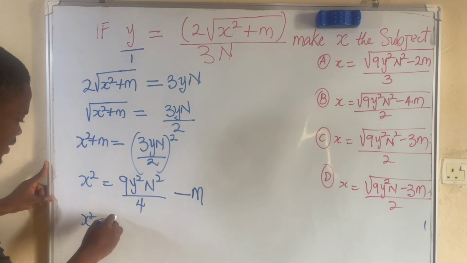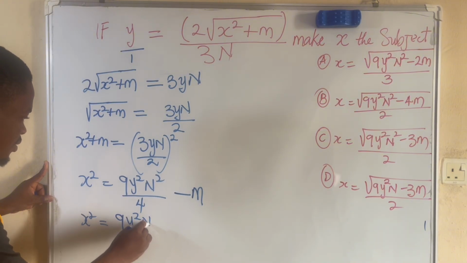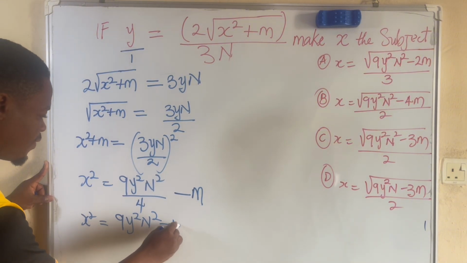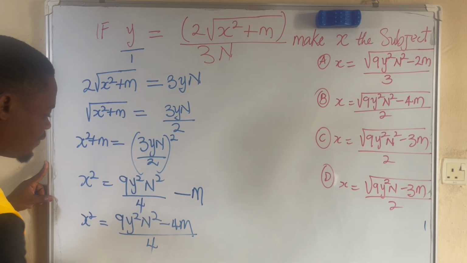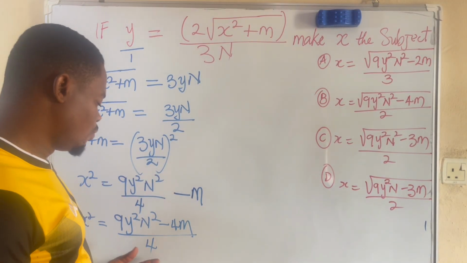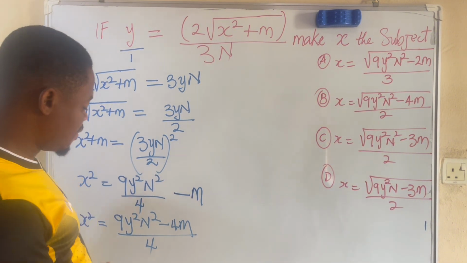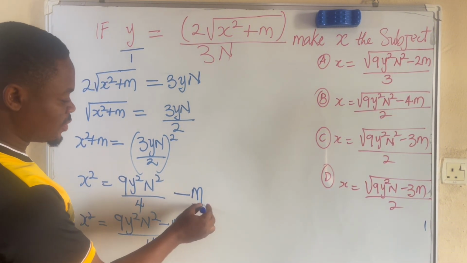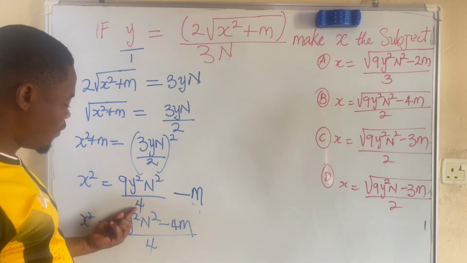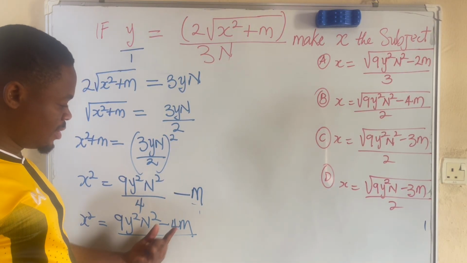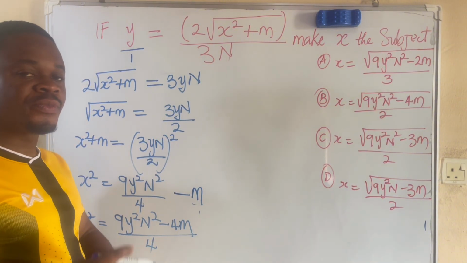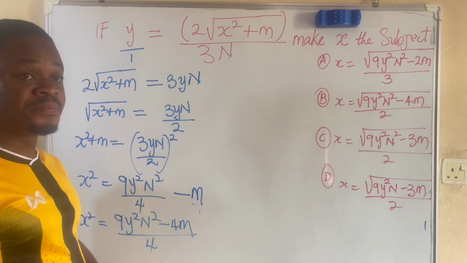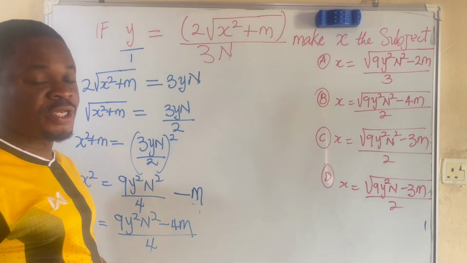So we have this to be 9y squared n squared minus 4m, divided by 4. What we did here was just to look for the LCM of 4, and because this is over 1, to look for the LCM of 4 and 1. This also means trying to convert from mixed fraction to improper fraction.